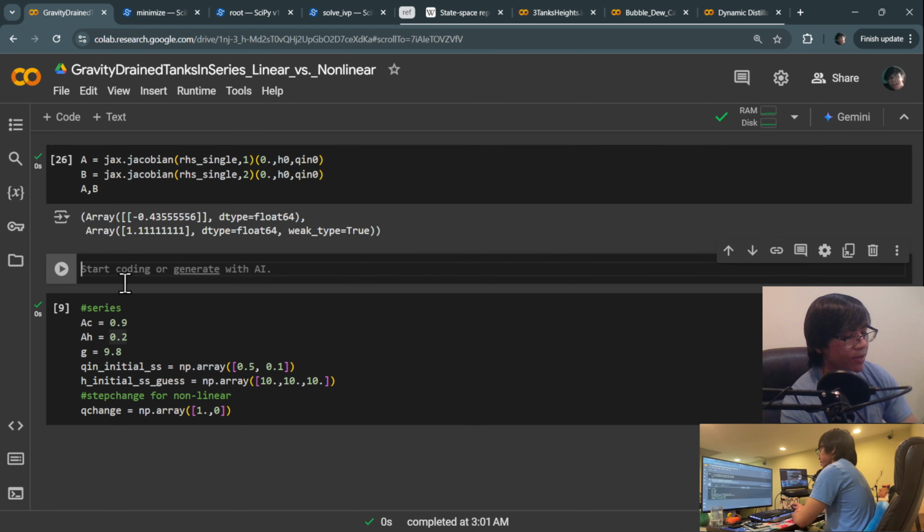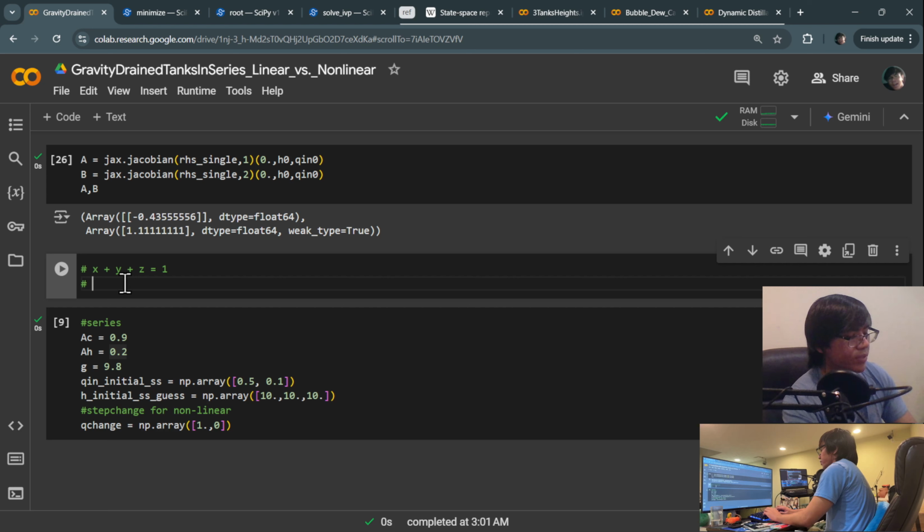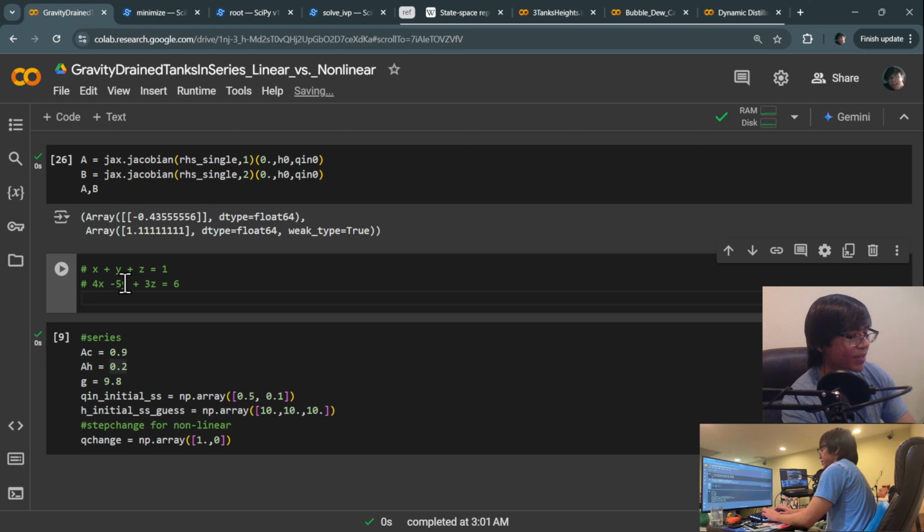Kind of an aside here, to show if you've never seen matrix multiplication or algebra in general, say, I believe this is kind of like middle school math, but we had systems of equations where maybe it was like x plus y plus z equals some number, 1 maybe. Another equation, so 4x minus 5y plus 3z equal to 5 or 6 or whatever, I'm making these up.